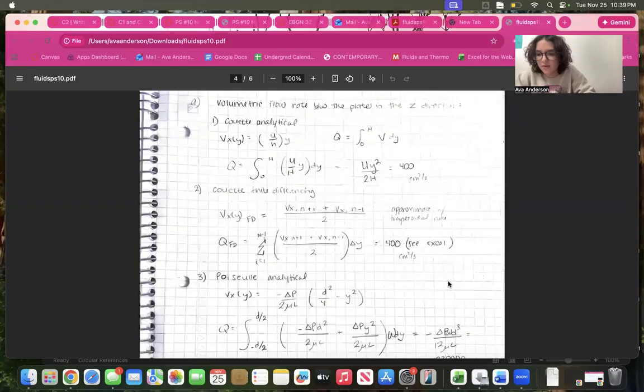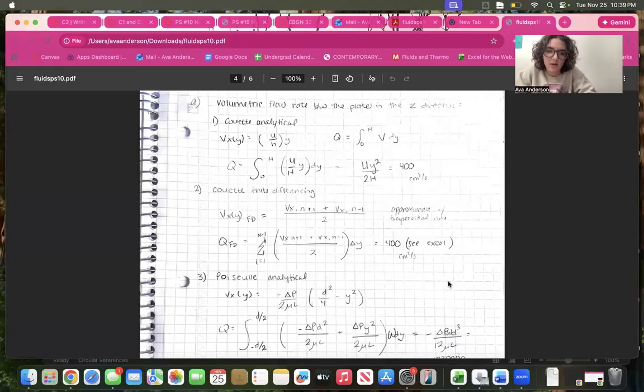And once you have all of your velocities, you can move on to solving for the volumetric flow rate in the z direction for all of those. So Couette analytical, it's basically the integral from your boundary conditions over the velocity in terms of y. But it's the integral from 0 to h of u(y) dy.